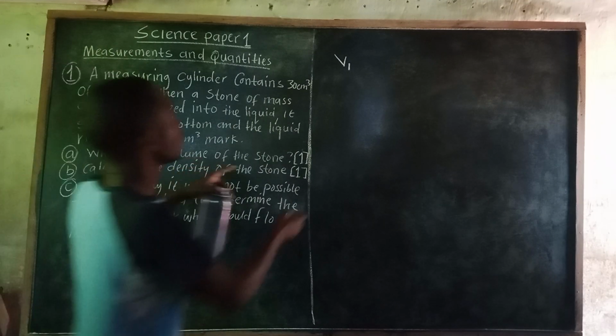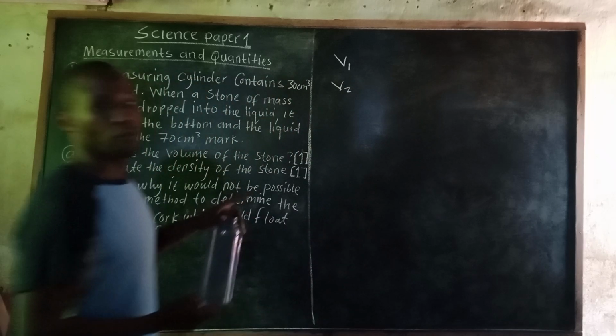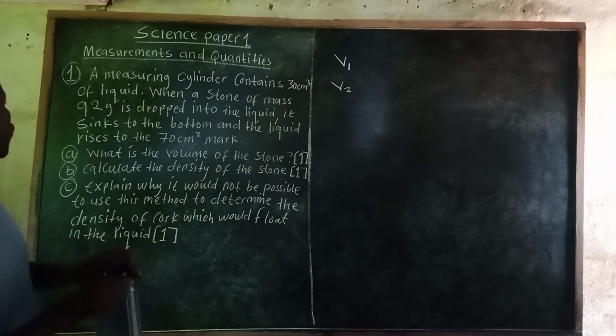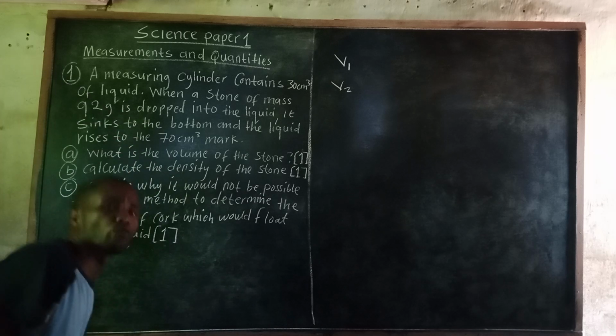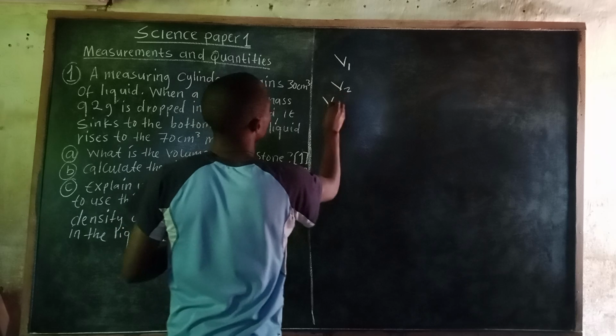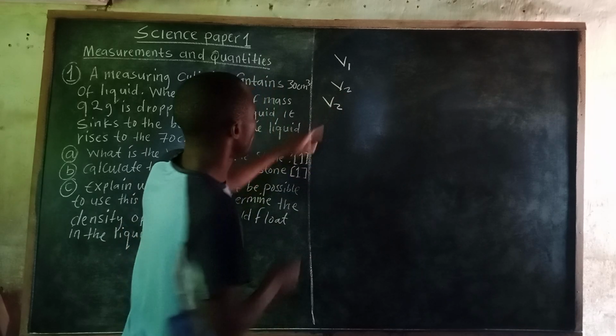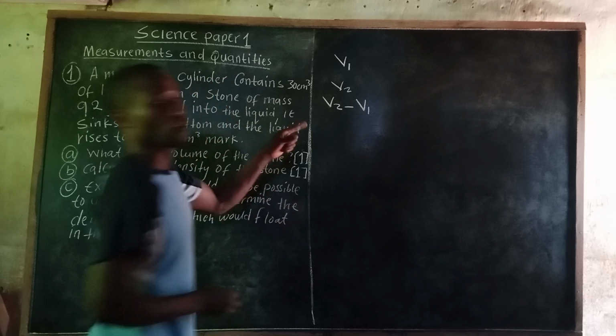This one, we are going to name it as volume 2. You understand? So now, for you to know the volume of this stone, you have to subtract the final volume, which is volume 2, minus the initial volume, which is volume 1.